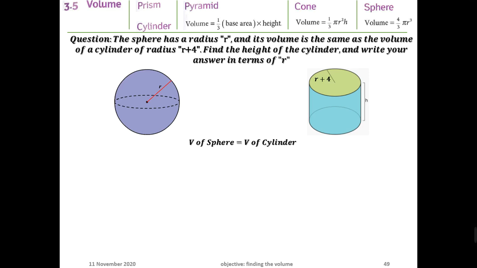So the radius in the sphere is r, the radius in the cylinder is r plus 4, and the height in the cylinder is h.